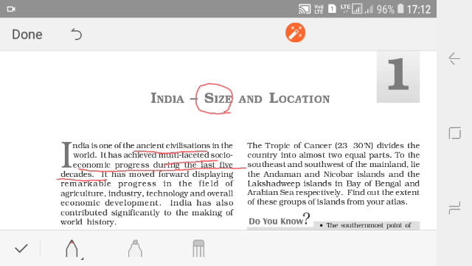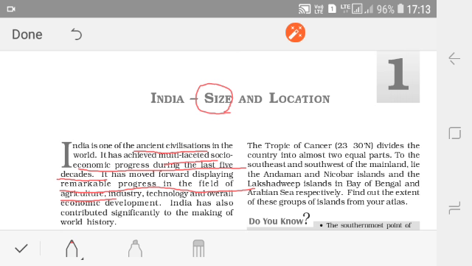It is written remarkable progress in the field of agriculture. In class 8 again you have learnt that there was a successful green revolution. Progress in industry. Many types of industry have been established in India, and lots of new technology has come during the last 50 years.